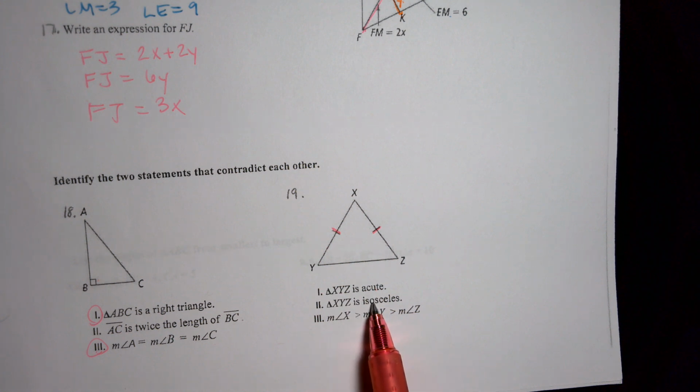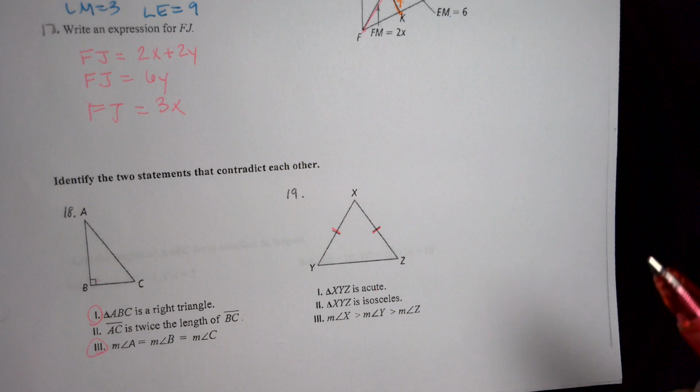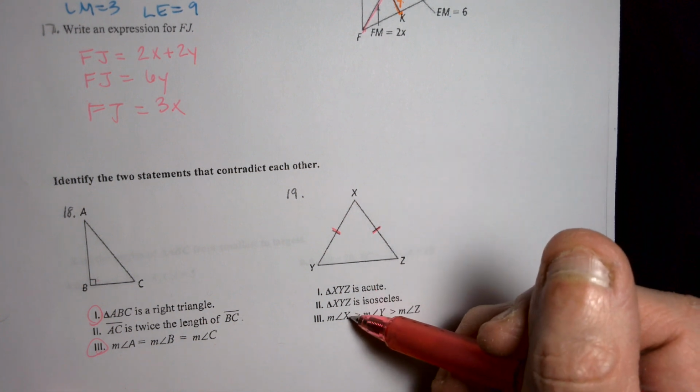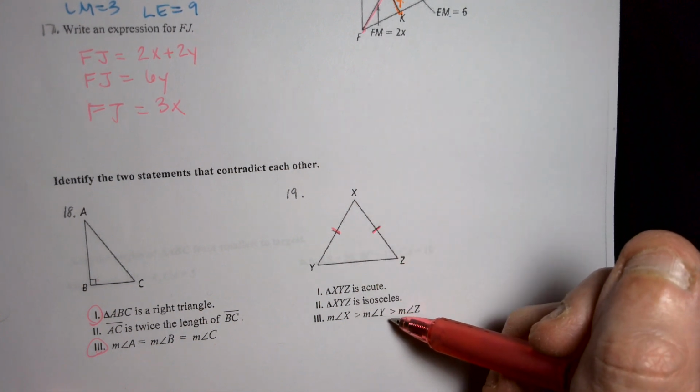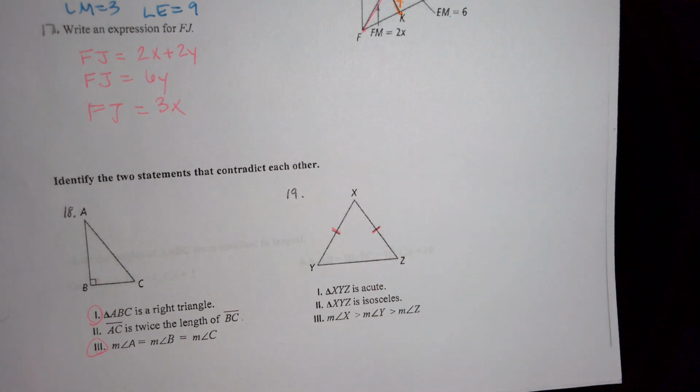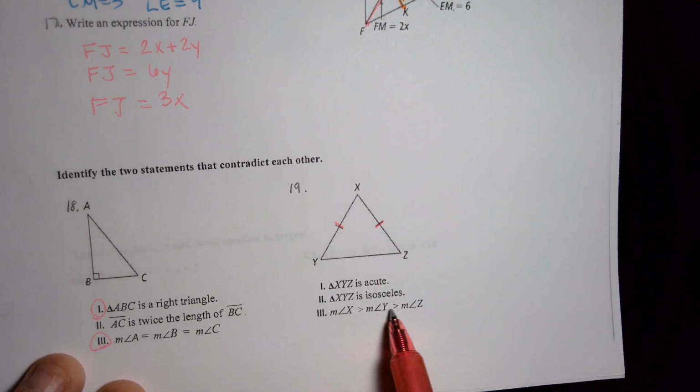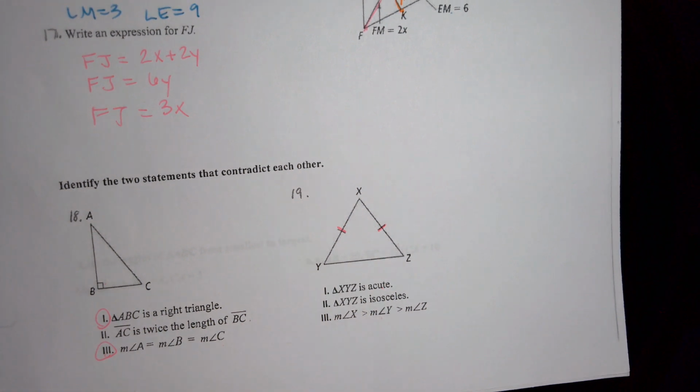This is saying isosceles, so you could have those two. Now this is saying that x is greater than y, which is greater than z. So that is implying that we have 3 angles that are all different. Which one of those would that contradict with?